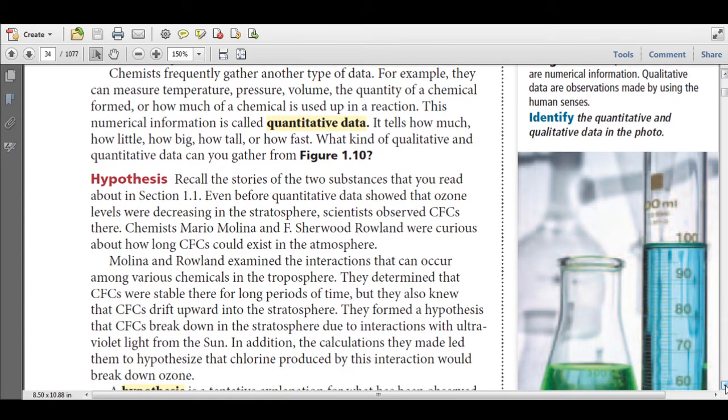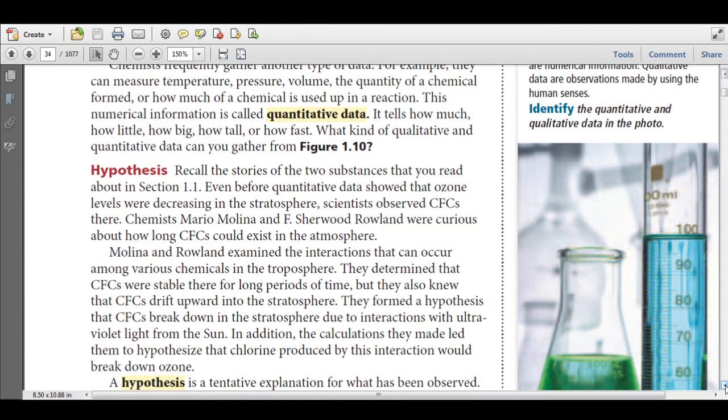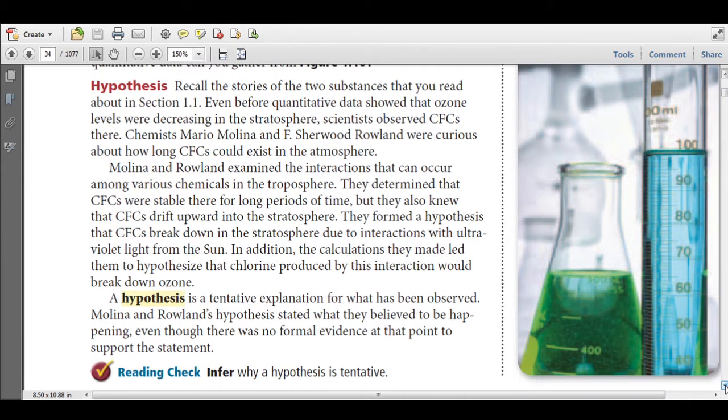A hypothesis is a tentative explanation for what has been observed. If we go back to section 1.1, scientists Mario Molina and F. Sherwood Rowland were curious about how long CFCs, chlorofluorocarbons, could exist in the atmosphere.